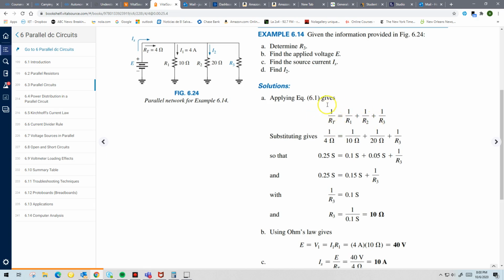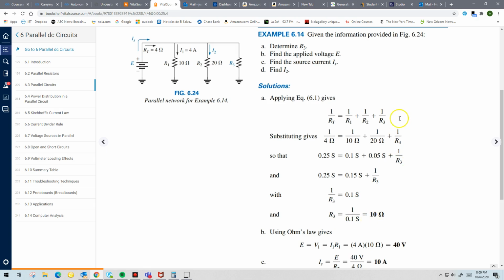However, we know 1 over RT, because we know RT, but we don't know R3 in this expression. We can substitute the other numbers as they did here, and then solve for R3. So R3 is equal to 10 ohms.